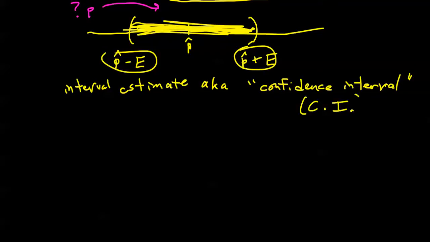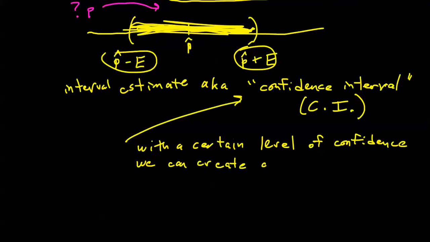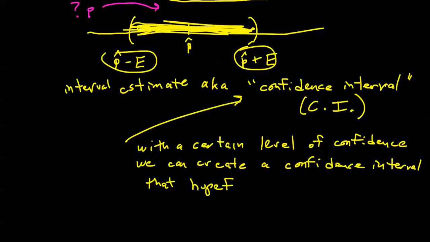Confidence intervals often are abbreviated CI, cap C, cap I. And what we're going at here is with a certain level of confidence we can create a confidence interval that hopefully, or I might say probably, will contain little p.